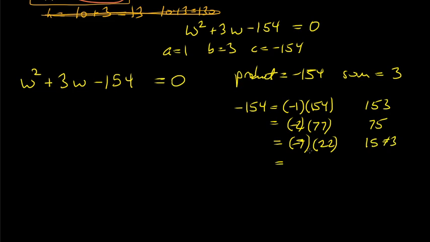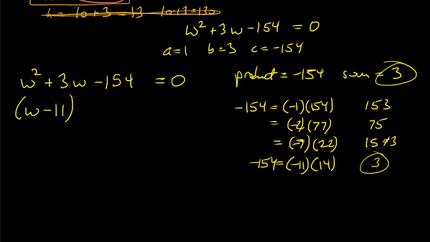We're not divisible by 8 or 9 or 10. 11 works, so negative 11 times 14 is negative 154, and 14 minus 11 is 3, which is what we want. So when we factor, we're going to factor this as w minus 11 times w plus 14.